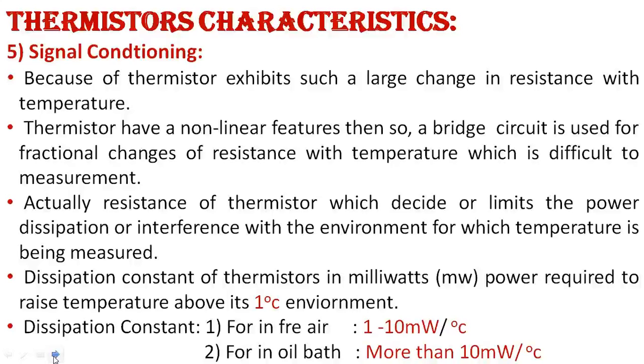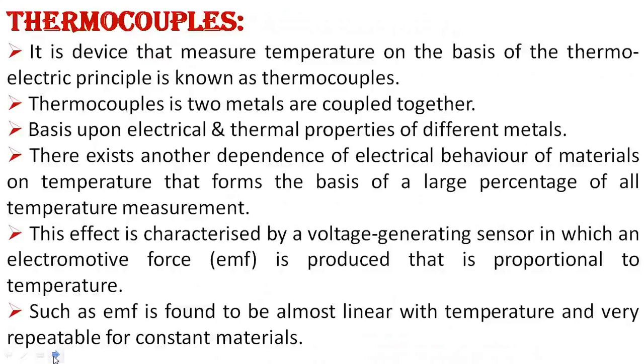Dissipation is the power in milliwatts required to raise the temperature 1 degree Celsius above its environment. The dissipation constant in free air is 1 to 10 milliwatt per degree Celsius, and for an oil bath more than 10 milliwatt per degree Celsius.